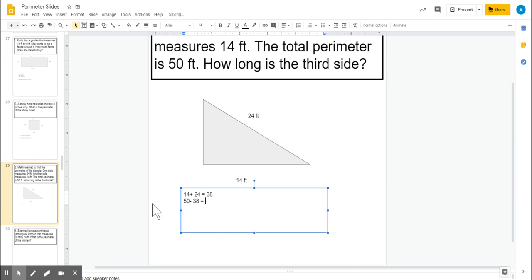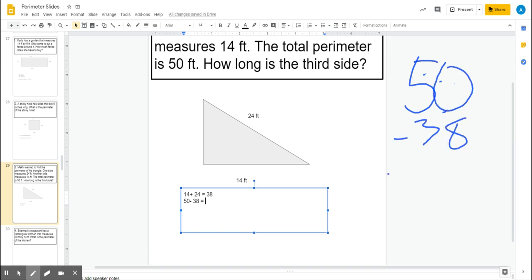And I know it's hard for me to do it sideways too. So I can always use scrap paper next to me to subtract. Okay, I'm going to do 50 minus 38.